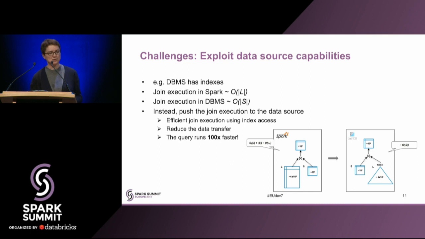In Db2, which is our underlying database, the time to execute a join is the time to scan the smaller table and probe the index. If the join is pushed down to the data source, not only do we reduce the amount of data transfer, but we also take advantage of the presence of the indexes of the data source. And our query runs 100 times faster.